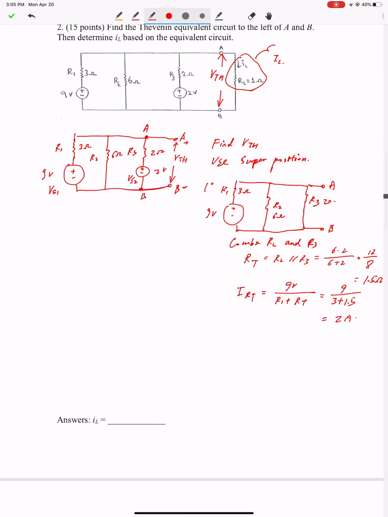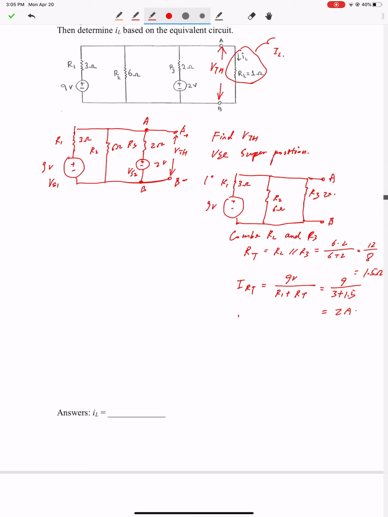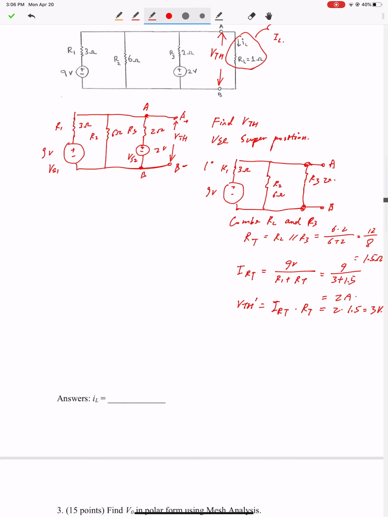After you find IRT, we can find V Thevenin dot, which is the voltage between these 2 points. That equals IRT times RT equals 2 times 1.5, which is 3 volts, right? So you find V Thevenin in the first case.